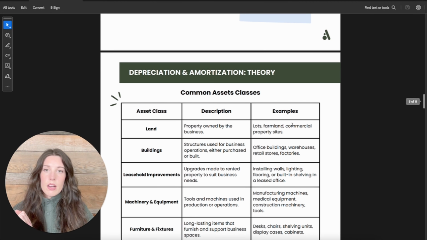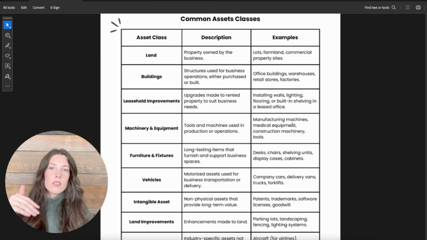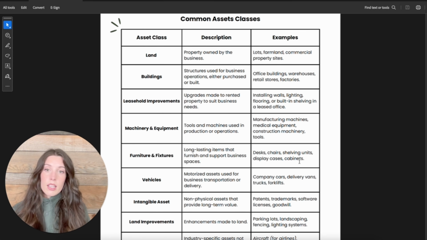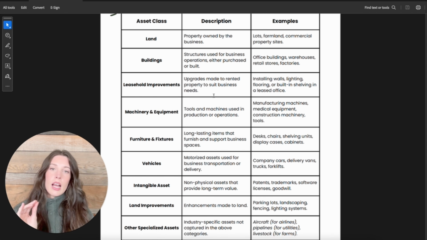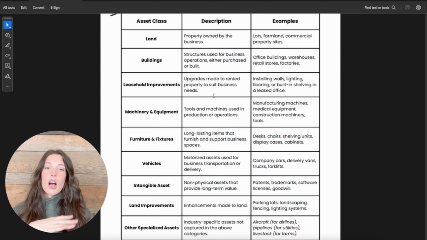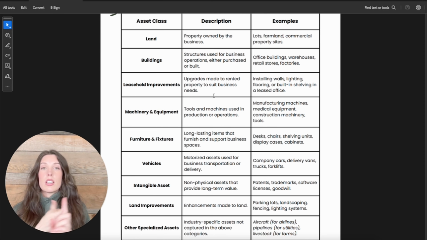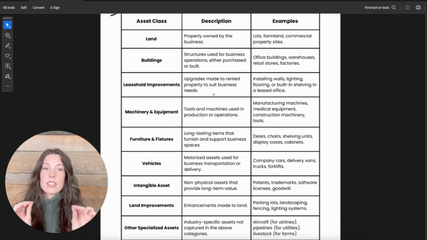If we scroll down here, I have a list of the most commonly used asset classes, a short description, and some examples. So if you or your client buys an asset, you can quickly refer to this sheet and make sure you are booking it to the correct class. Just to point out, as a bookkeeper, you are not required to determine the useful life or the depreciation method. Your job is to simply categorize the asset in the correct class.